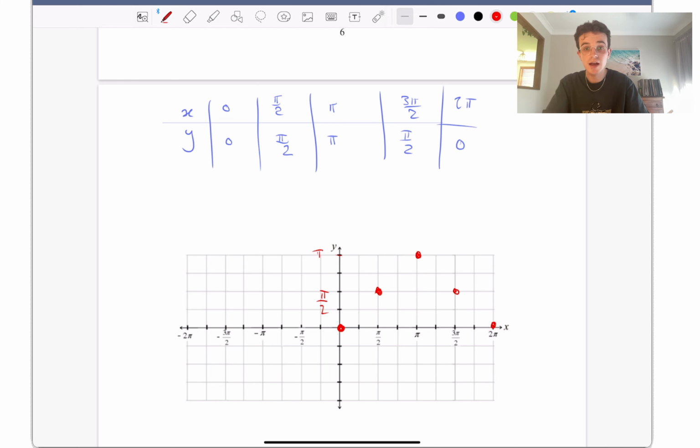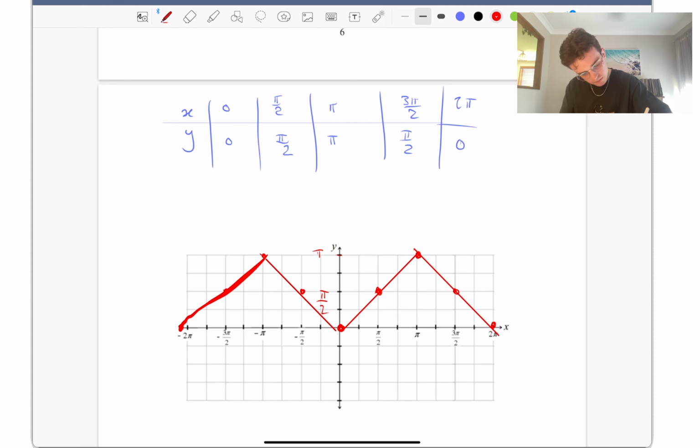Cos itself is symmetrical, so it's going to look like this. And we've got a gradient of 1 or minus 1, so these have to be straight lines. That's the only way they're going to have a gradient of 1 or minus 1. So that's our graph there.